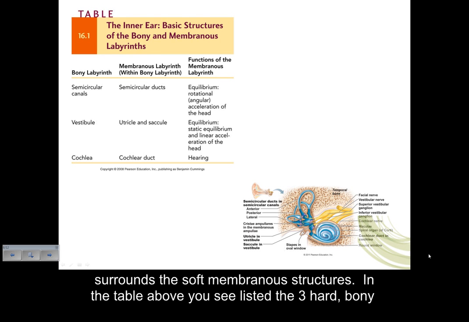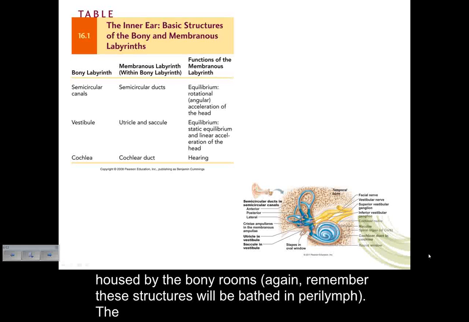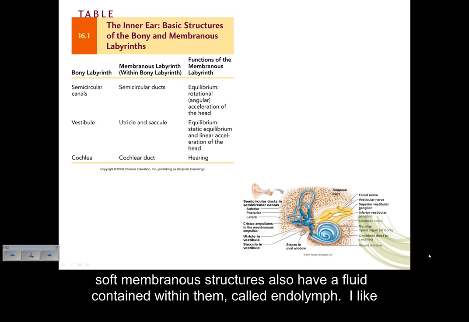In the table above, you see listed the 3 hard bony structures, and next to them in the column on the right, you see the soft membranous structures housed by the bony rooms. Again, remember, these structures will be bathed in perilymph. The soft membranous structures also have a fluid contained within them called endolymph.